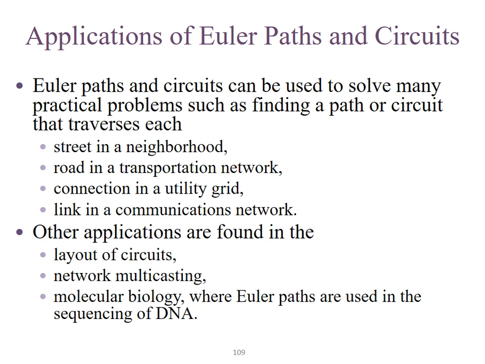Because that means we can deliver something from A spot to B. Then we have more applications such as layout of circuits or network multitasking or molecular biology. That will use the path and circuit problems in this field.